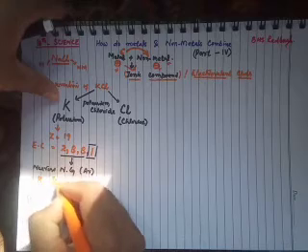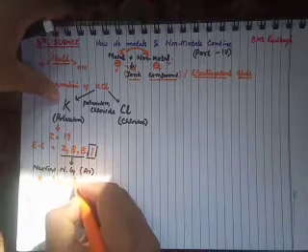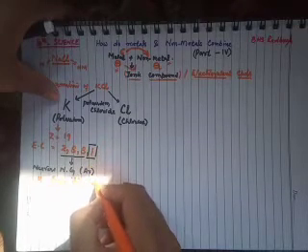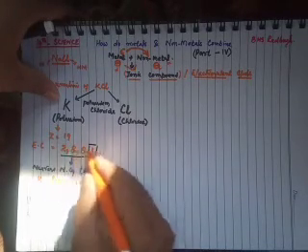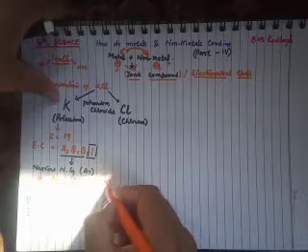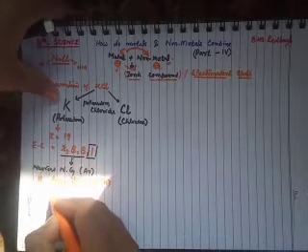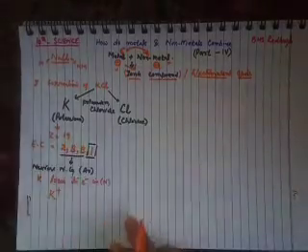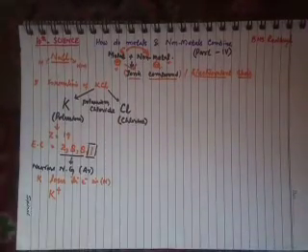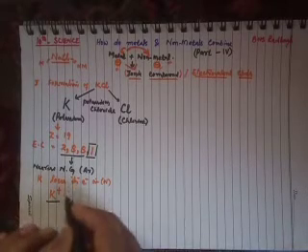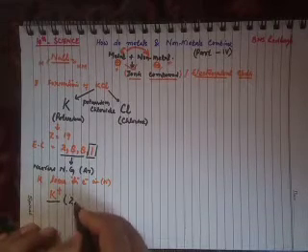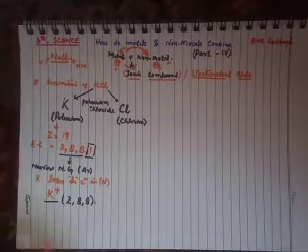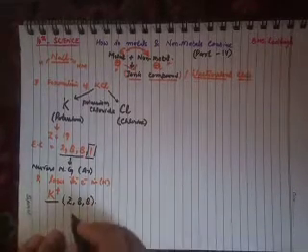K loses its electron in the last shell, that is the N shell, and it forms K positive. Now its configuration is 2, 8 and 8. This is called the potassium ion.